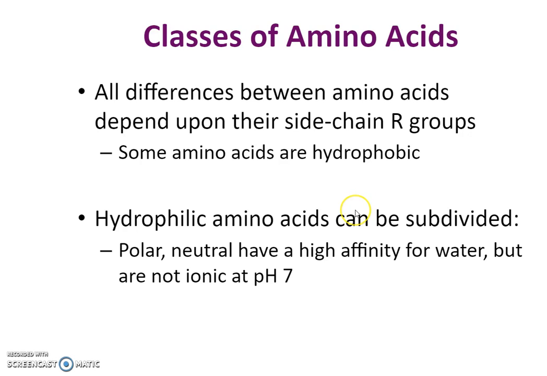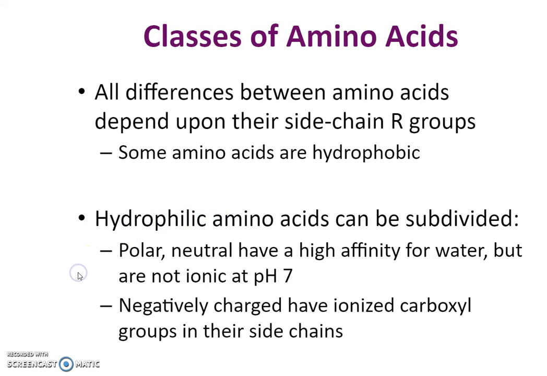Some amino acids are hydrophobic, some are hydrophilic. The hydrophilic ones can be subdivided. They're polar and neutral, they have a high affinity for water, but are not ionic at pH 7. So just some basic characteristics, you can have hydrophobic or hydrophilic amino acids. And then you can have negatively charged ones that have ionized carboxyl groups in their side chains.